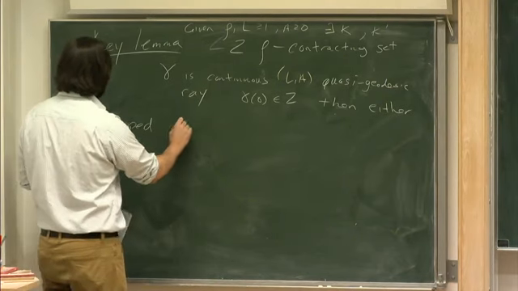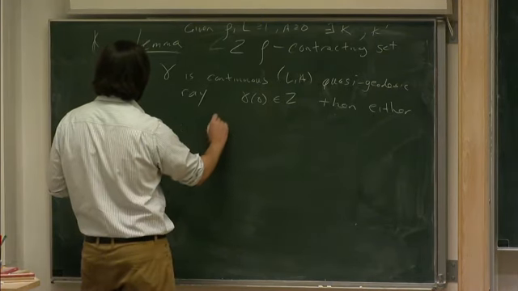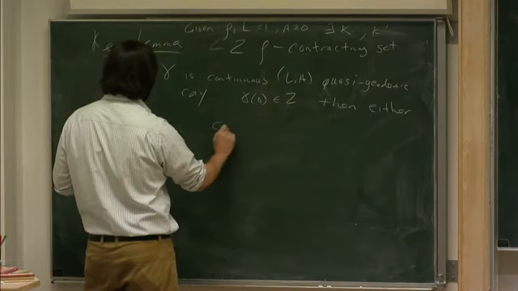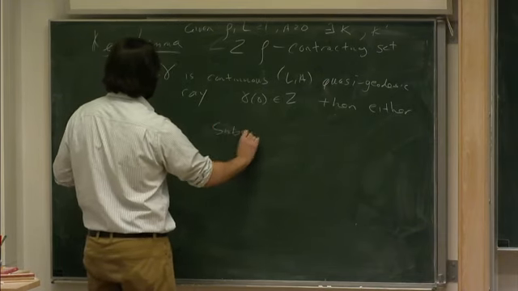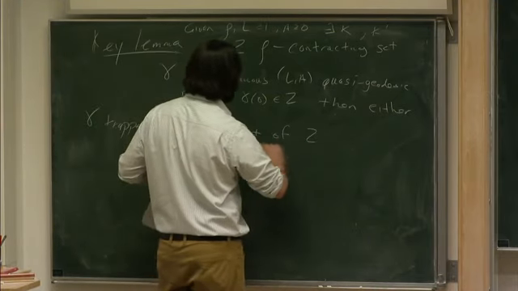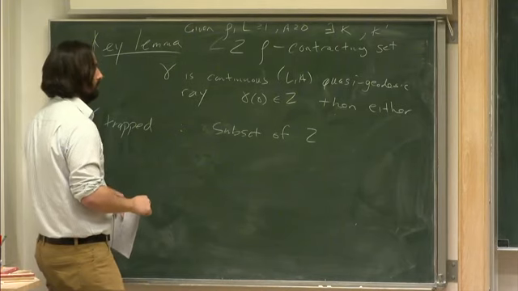If it's trapped, what this means is the subset of Z that comes within distance kappa of gamma is unbounded.